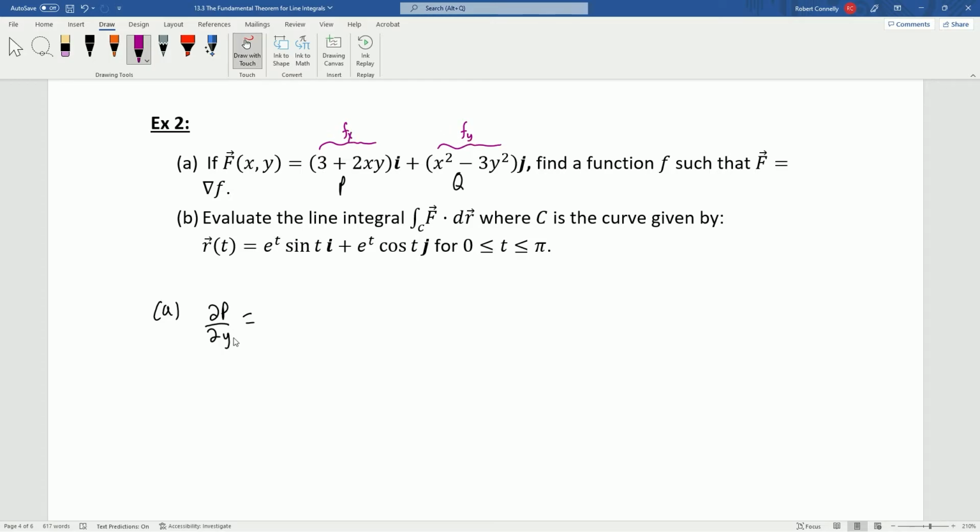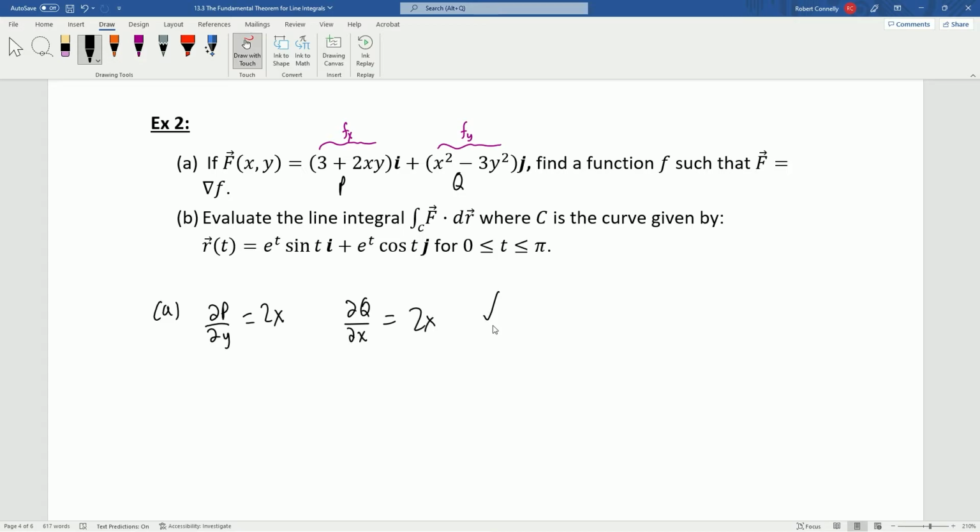So I've got to take the derivative with respect to the other variable and check if the combination is equal. So this is going to give us 2x here. And dQ/dx is also going to give us 2x, so that's good.